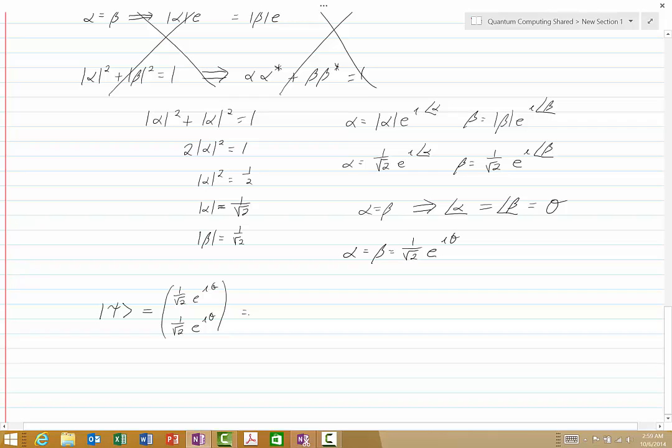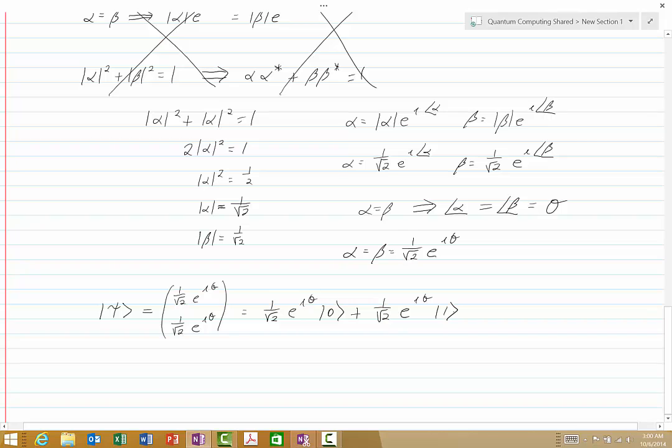Or to put this in the ket form, let's write it perhaps like this: 1 over square root of 2 e to the i theta |0> plus 1 over square root of 2 e to the i theta |1>.